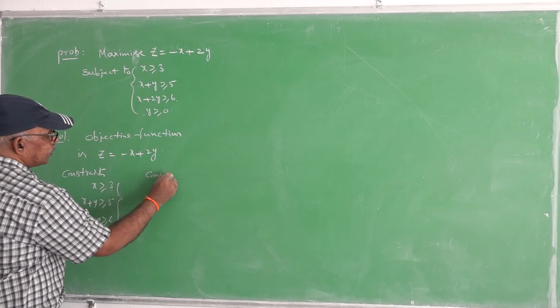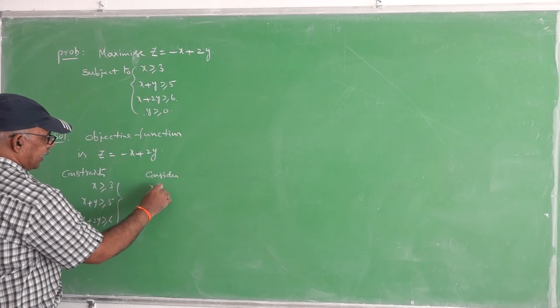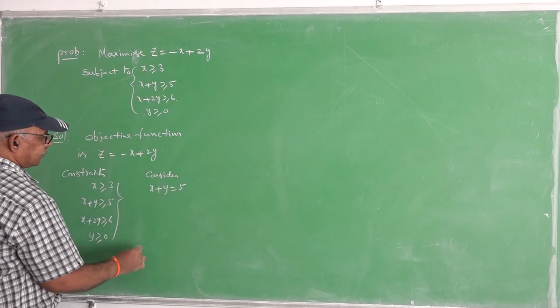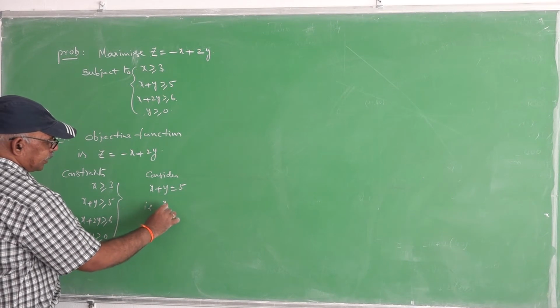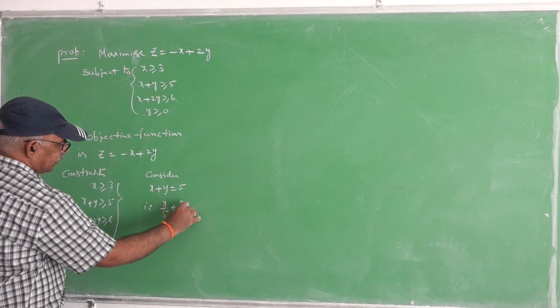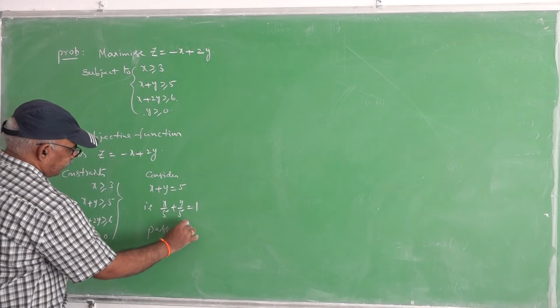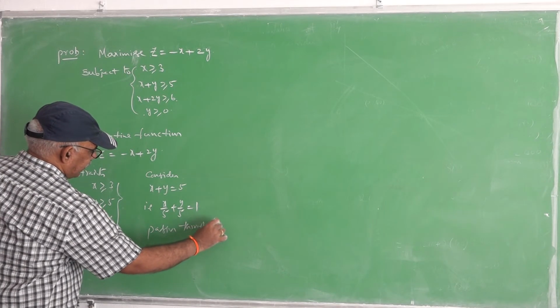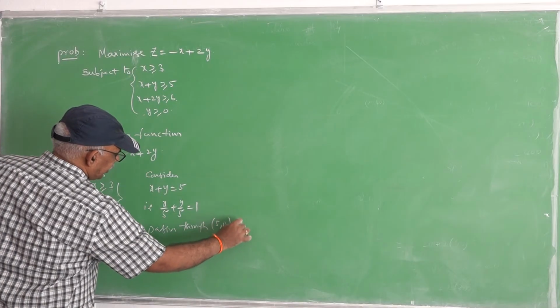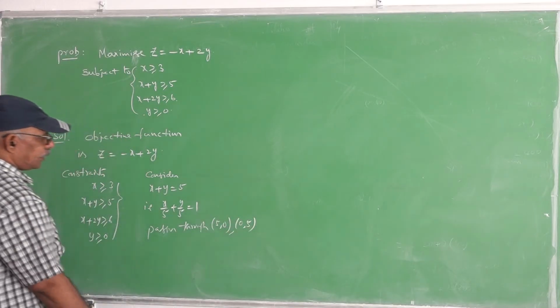Consider the line x plus y equal to 5. That is x by 5 plus y by 5 equal to 1. It passes through (5, 0) and (0, 5).